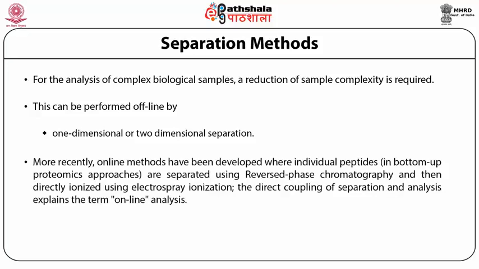More recently, online methods have been developed where individual peptides in a bottom-up proteomics approach are separated using reverse phase chromatography and then directly ionized using electrospray ionization. The direct coupling of separation and analysis explains the term online analysis.